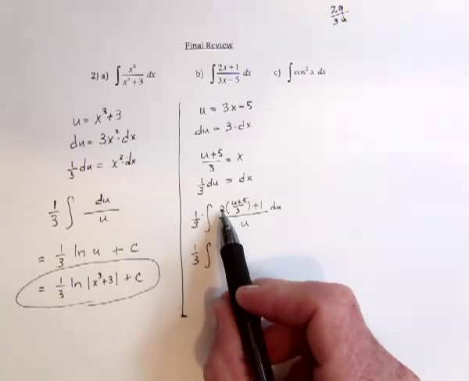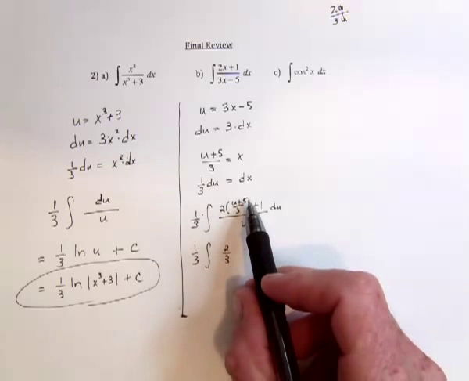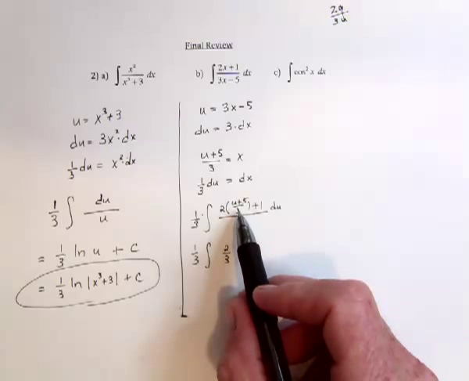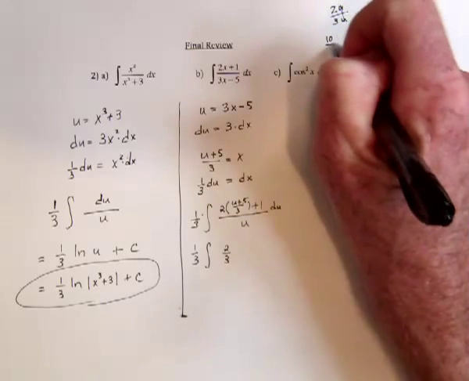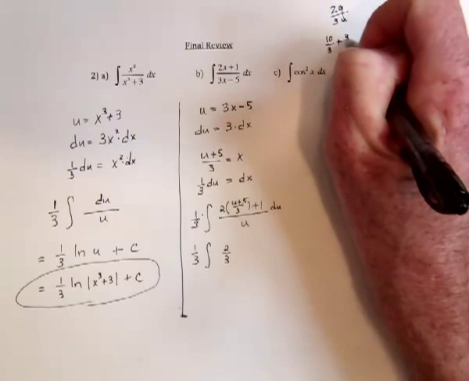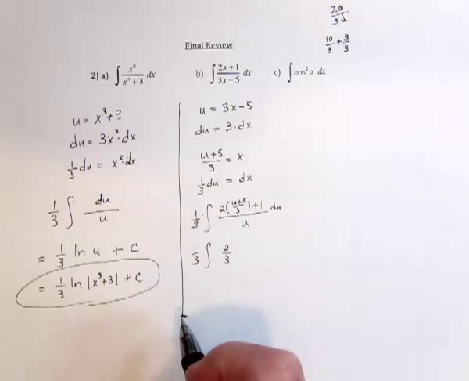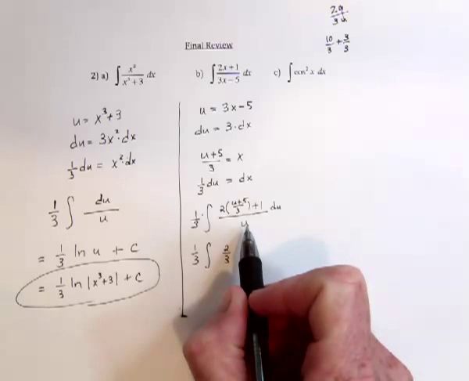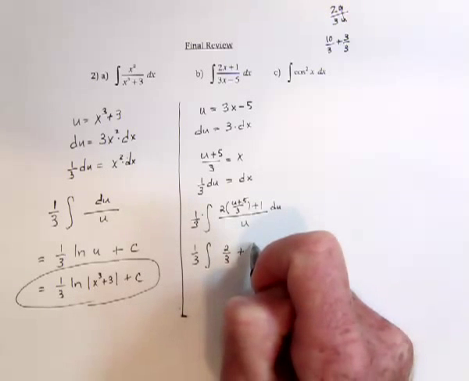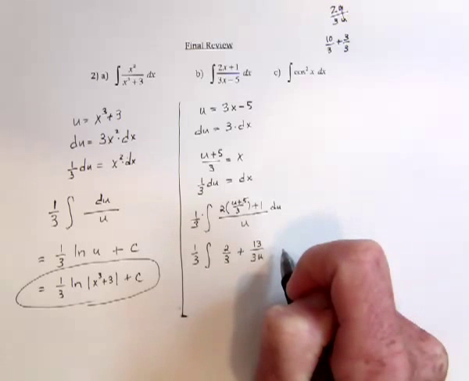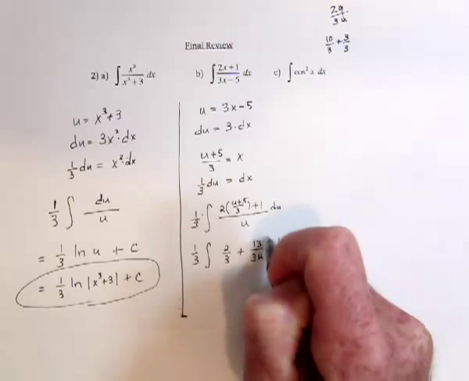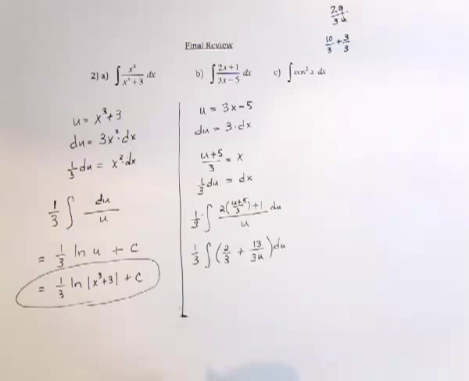Then distribute this, it's going to be a 10/3 plus a 1. So 10/3 plus a 1 would be 13/3. But then it gets divided by a u. So you'd have 13/3 gets divided by a u. Okay, then just integrate these two.